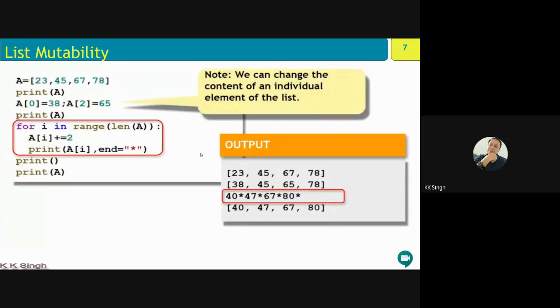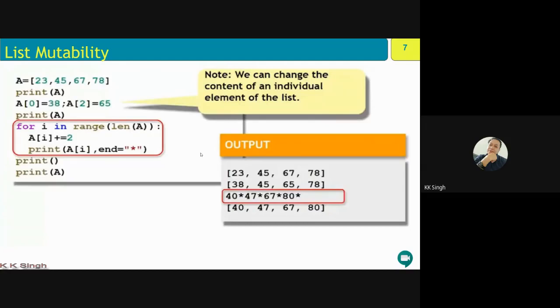When you say print A[i], it means print A[0]. After printing the value, the asterisk will be printed beside A[0], so it will be seen like 40 asterisk.